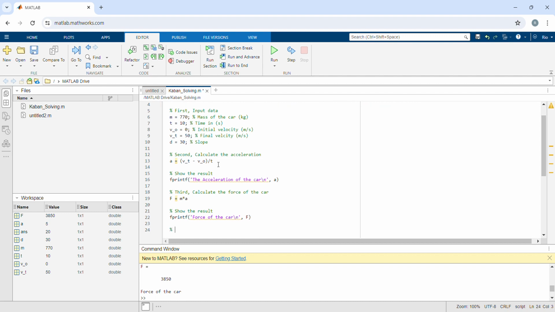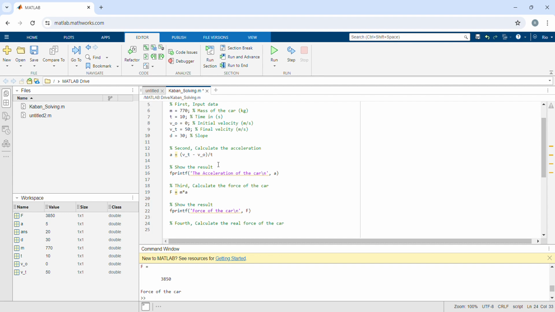Okay, the fourth step is we need to calculate the force resultant of the car.